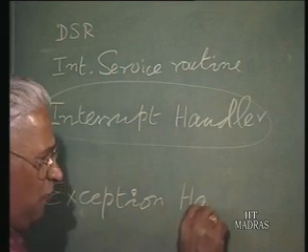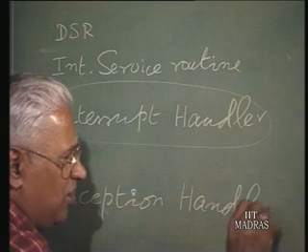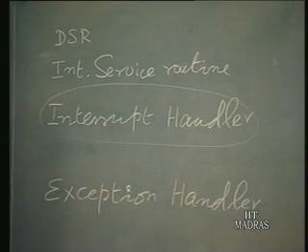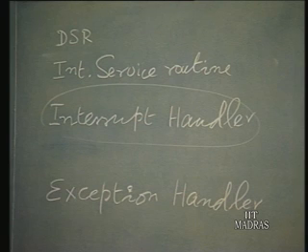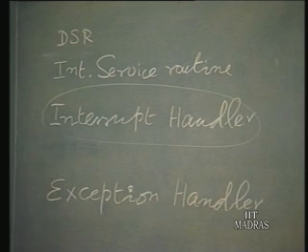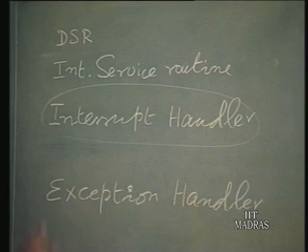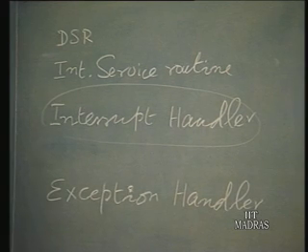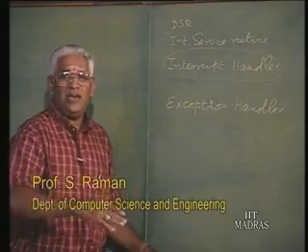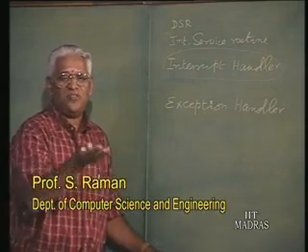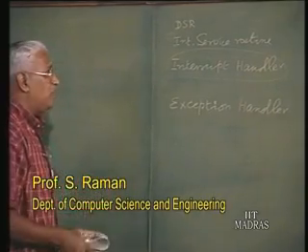Now, if we know precisely what the exceptions are, we can also store routines or handlers for these exceptions. So, the interrupt handler and the exception handler. What is an exception? An exception is essentially something which the processor cannot proceed with, and instead of going rule by rule, now an exception has come, and the processor has to respond to that.